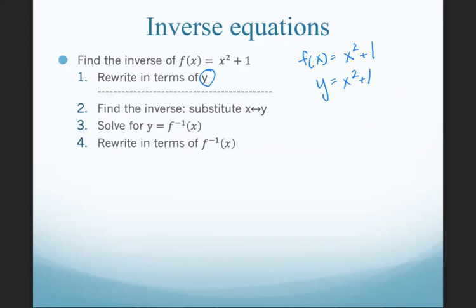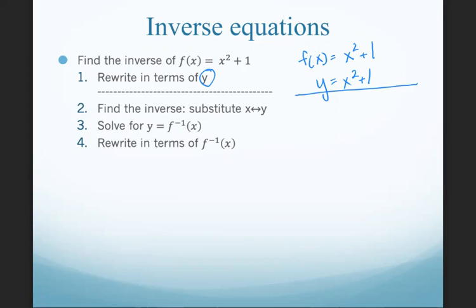And then I'm going to do a line underneath that, or you can start in a new column if you'd like. There needs to be some visual indication that we are no longer working with the same function, because what I'm going to do is replace x with y and y with x. And just like what we were doing with the points, when we switch our x and y, we are creating the inverse function. So this is not f of x anymore.